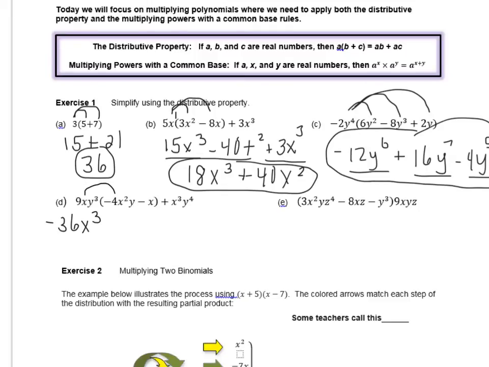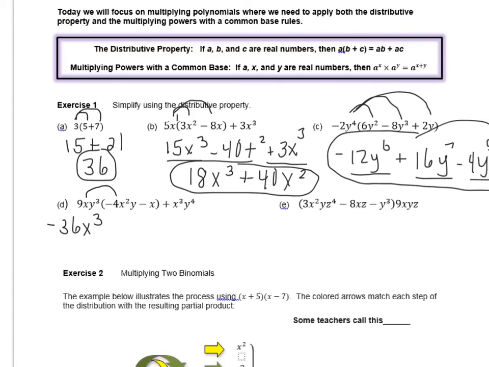And y to the third times y to the first gives you y to the fourth. Now 9xy to the third times negative x gives you negative 9x squared y to the third. And you still have this term hanging off the end. We'll add it on, x to the third y to the fourth.